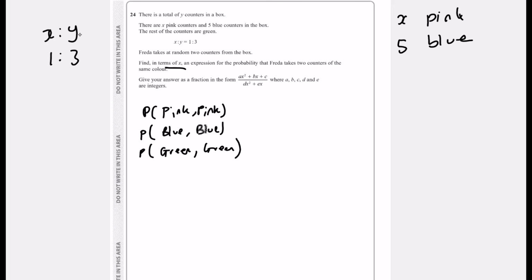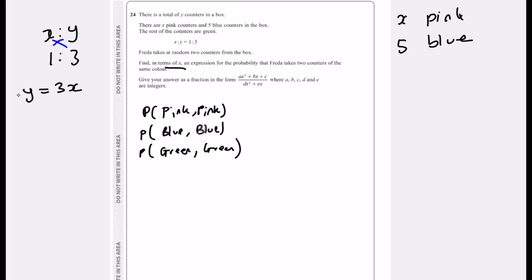So the ratio of X to Y is 1 to 3. And I like to just cross these over. So Y times 1 equals X times 3. So Y equals 3X. So if the ratio of X to Y is 1 to 3, that means the total number of counters in the bag is 3X.